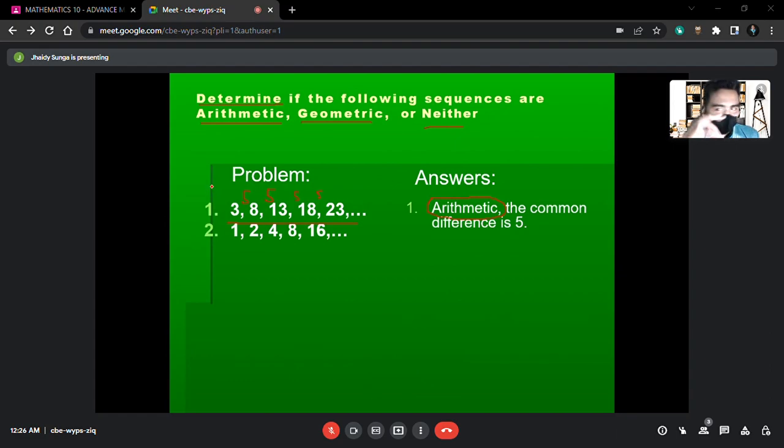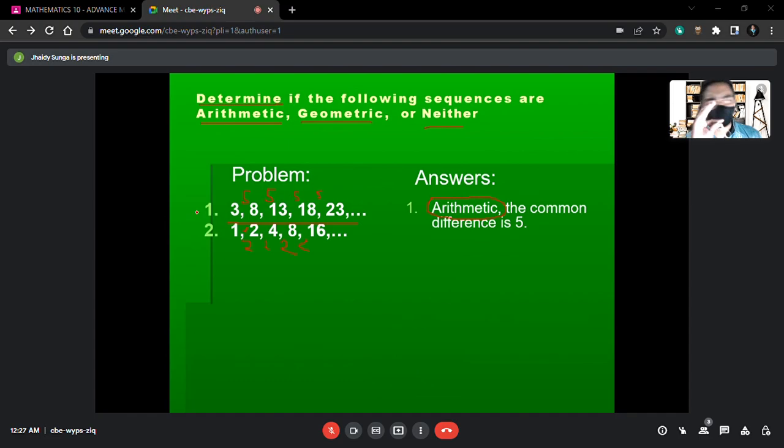In this sequence, what do you notice? A while ago, the given sequence was to add up, right? In this given sequence, what did we do? We multiplied by 2. Each term was multiplied by 2.